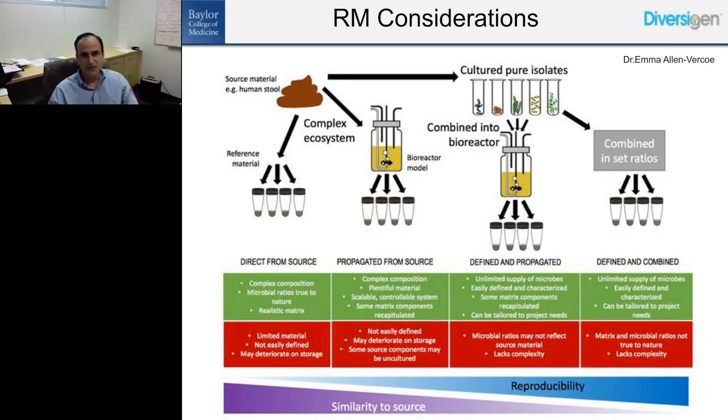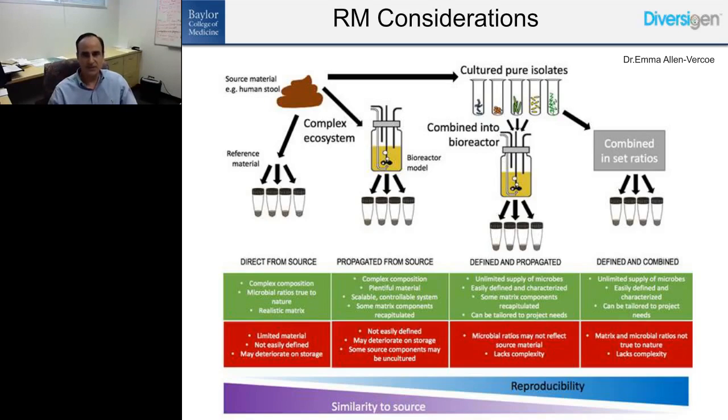And then moving further to the right would be the use of the bioreactor to cultivate your isolates. And so we purchase strains, let's say the top 20 strains that you would find in the environmental sample, place those in the bioreactor and set the conditions. And then further to the right would be the use of pure isolates.